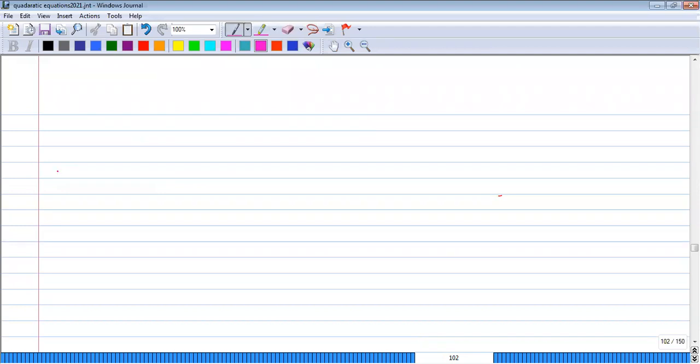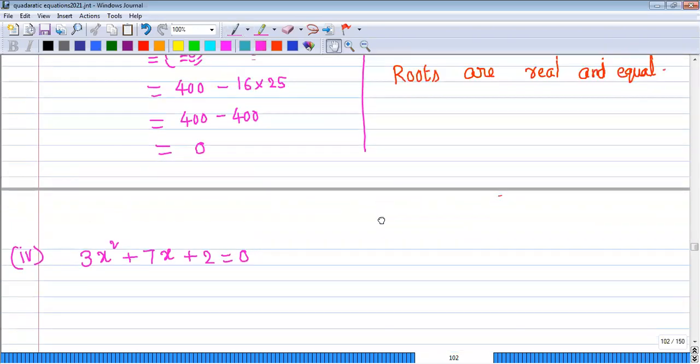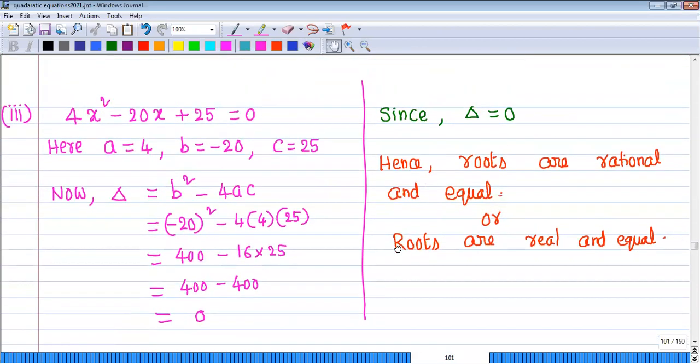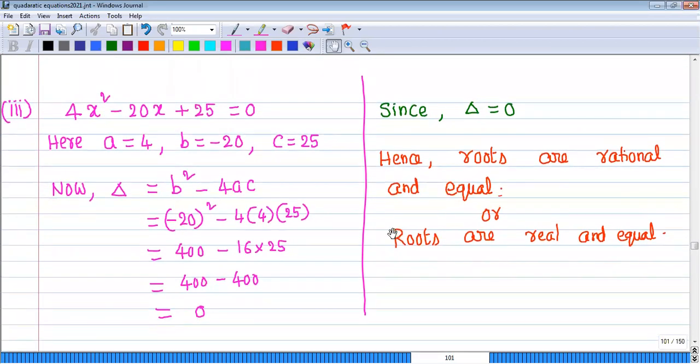Okay. Fourth question. 3x square plus 7x plus 2 equals to 0. Okay, what will you say about the roots of this quadratic equation? Rational and distinct.